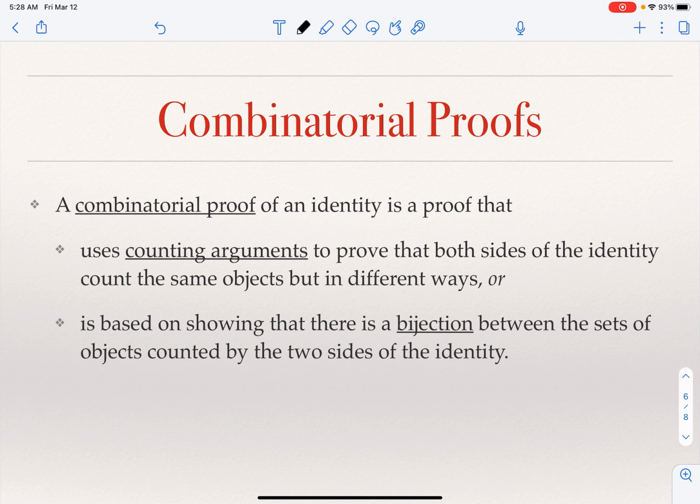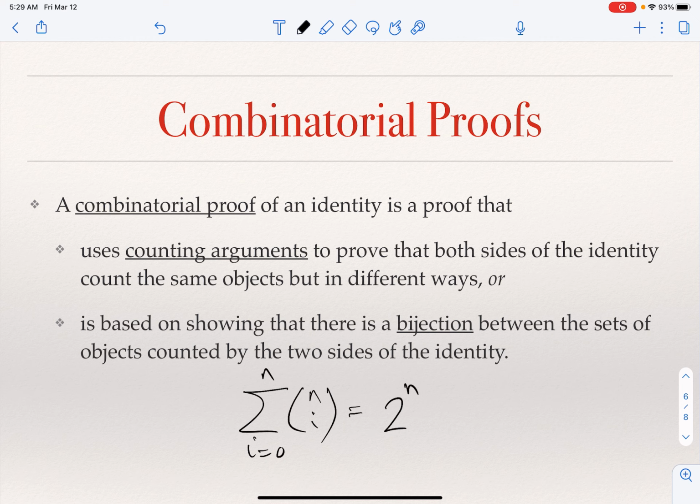A second topic is about combinatorial proofs, and this is where we want to prove two quantities are equal. Usually two counting quantities are equal. So for example, we just saw that the sum of n choose I from I equals 0 to n equals 2 to the n, right? Suppose we didn't see it and someone gave this to you and said, prove this is true.